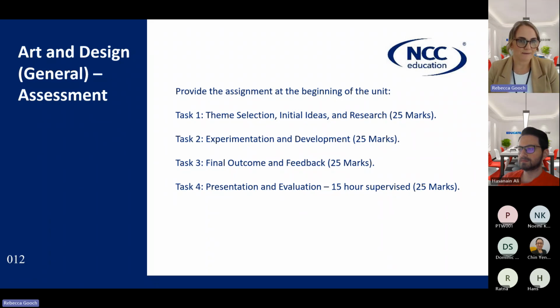Some real key points here for marking for task 4, and making sure you can access, and it's really clear, what the students have presented to you within their portfolio. Looking at the depth of the final evaluation and how well it reflects on the project's development and outcomes.